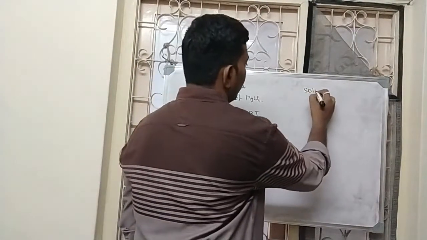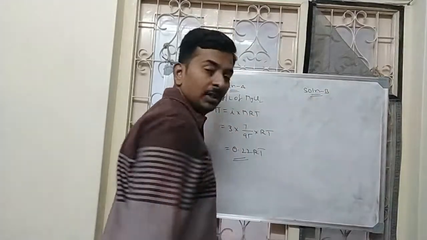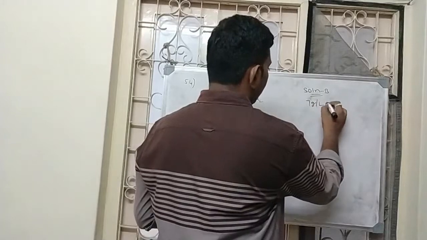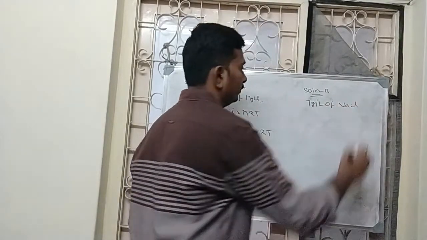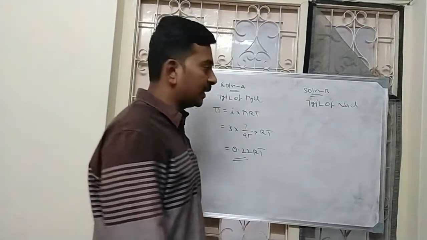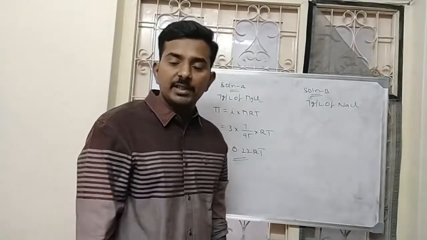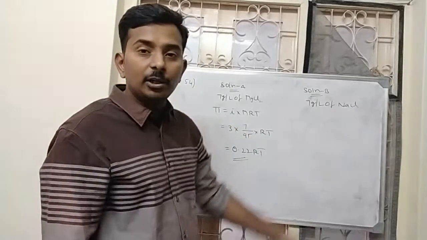Next, coming to solution B, which consists of 7 gram per liter of NaCl. NaCl is also a salt which undergoes 100% ionization, from which we get 2 ions.